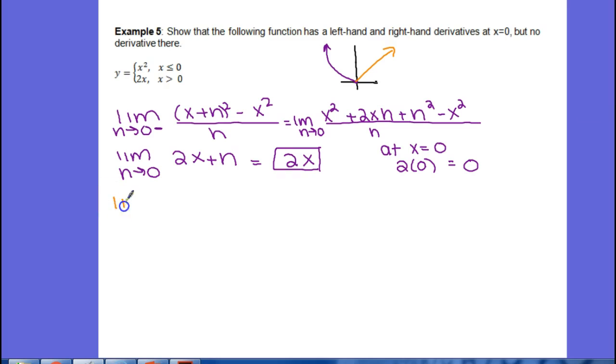Let's look at the limit from the right. So now I have 2 times x plus h minus 2x all over h.